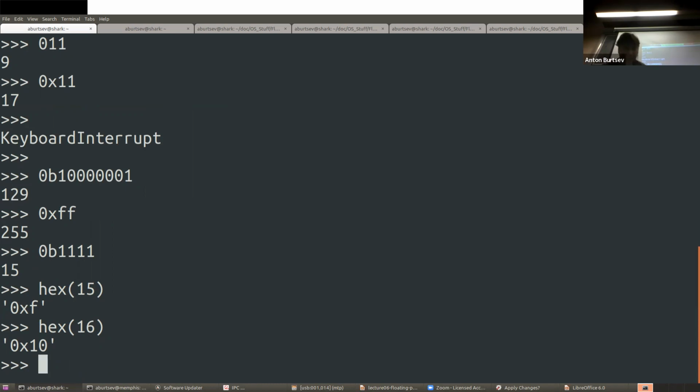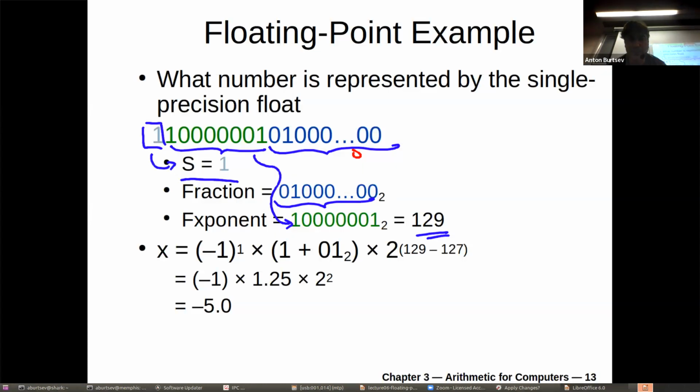Right. So again, if we have a slide with a lot of binary numbers, don't be shy and just verify them. Then your fraction itself is 1 plus 0 1, which is here, right?